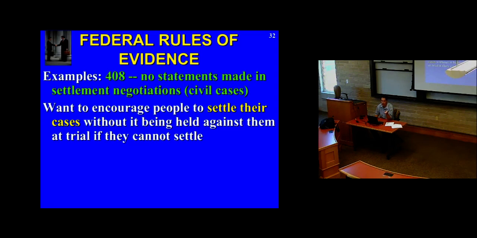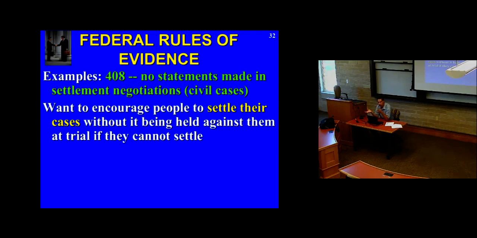Now again, there are often exceptions. So if you're showing bias, right? This person got paid off by somebody, they settled their case, and now they're coming and testifying for them, that could show possible bias.